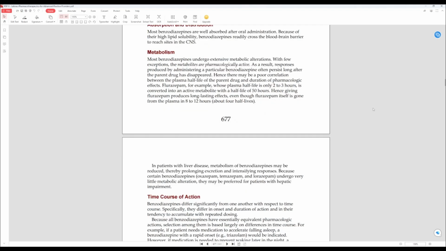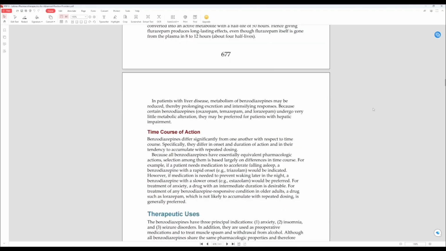In a patient who has liver disease, metabolism of benzodiazepines may be reduced, thereby prolonging excretion and intensifying responses. Because certain benzodiazepines, such as oxazepam, temazepam, and lorazepam, undergo very little metabolic alteration, they may be preferred for a patient who has hepatic impairment.